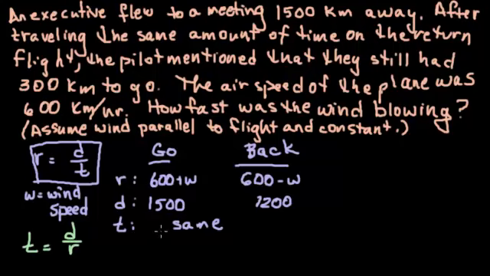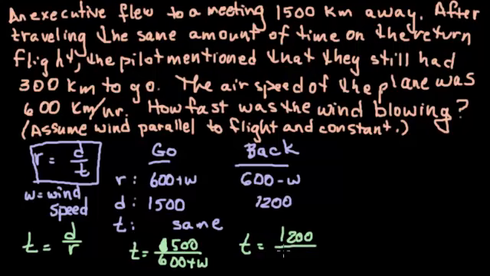In this case I have t equals, oops, not 600, I went D, 1,500, over 600 plus W, and then this one will be t equals 1,200 over, because that's my distance divided by my rate. My rate is 600 minus W.